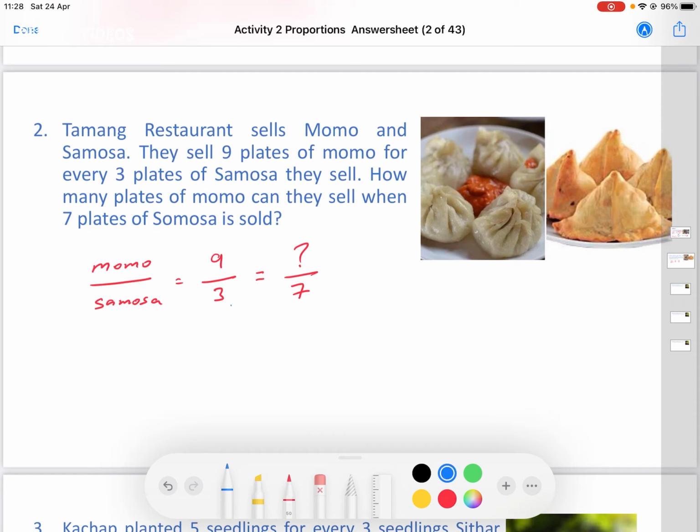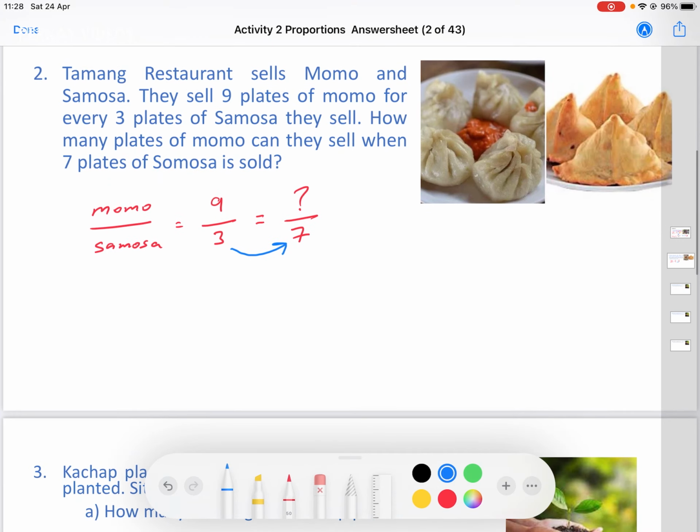So here what we see is we cannot have a scale factor from 3 to 7. So we can use a unitary method or unit ratio. For 9 plates of momo, 3 plates of samosa is sold. First let us find for 1 plate of samosa how much momo is sold.